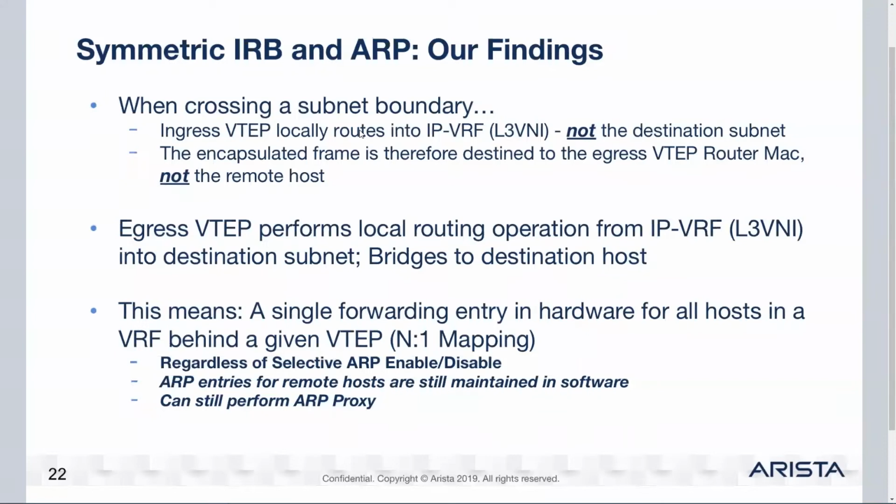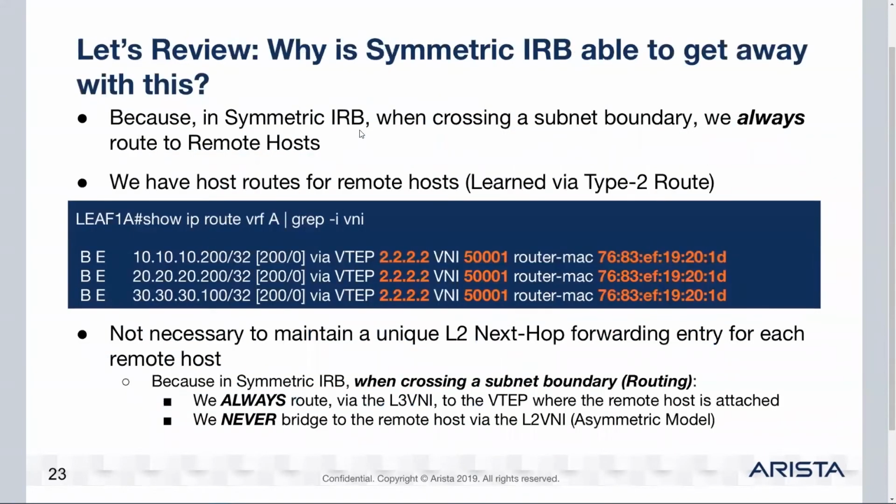We don't need forwarding entries in hardware to perform bridging operations to remote hosts, because the routes ultimately resolve to the same pieces of information: the VTEP IP, the L3 VNI, and the EVPN router MAC associated with that next hop VTEP.